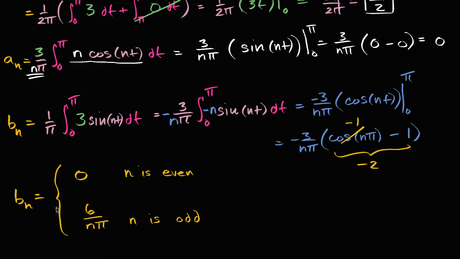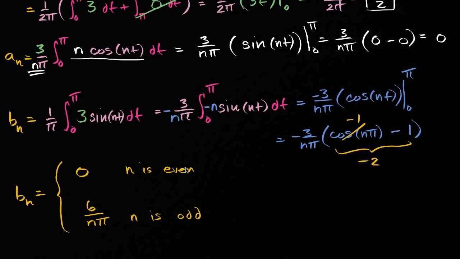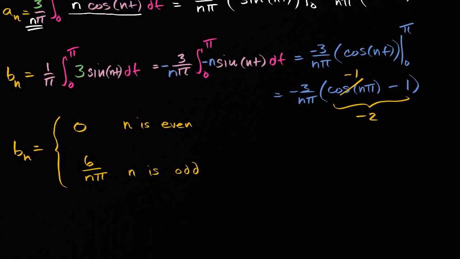We have been able to figure out our Fourier expansion. It is going to be our square wave, and we definitely deserve a drum roll. This is many videos in the making. F of t is going to be equal to a sub 0, which we figured out in this video is equal to 3 halves. So it's going to be 3 halves.